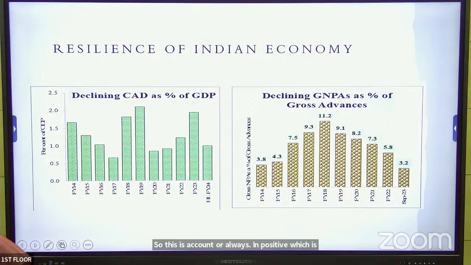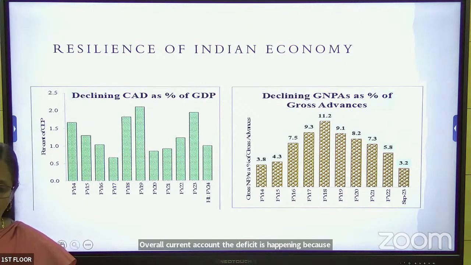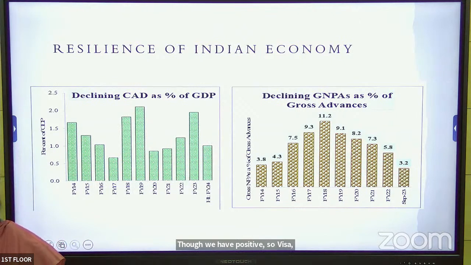Goods account is mostly negative and in deficit. Overall current account deficit is happening because though we have a positive services account, we have a bigger negative goods account. So negative plus positive actually results in negative. That is why we have the current account deficit.